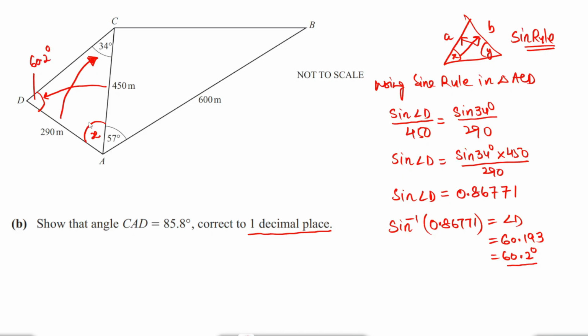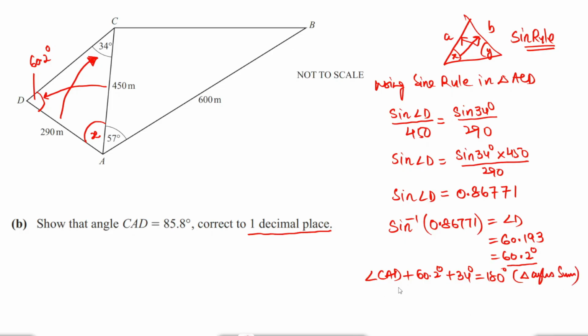Since we have a triangle here, in the triangle, the sum of the angles is equal to 180 degree. So angle CAD, that was X here, plus the other angle we just found, 60.2 degree, and the other angle was 34 degree, they all sum up to 180 degree.